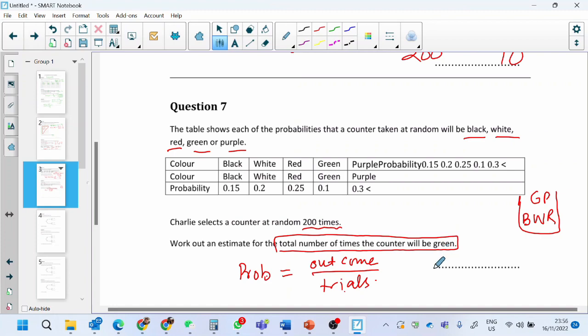So green outcome is equal to probability times the trials. The probability of green is 0.1 times 200, and this gives us 20. So there will be 20 greens.